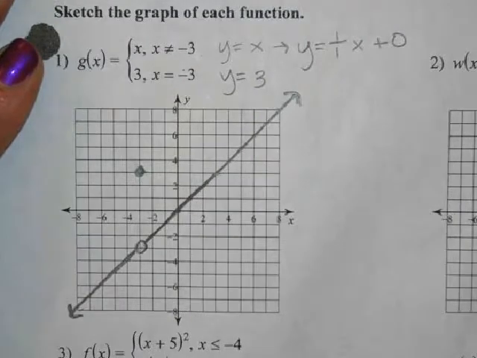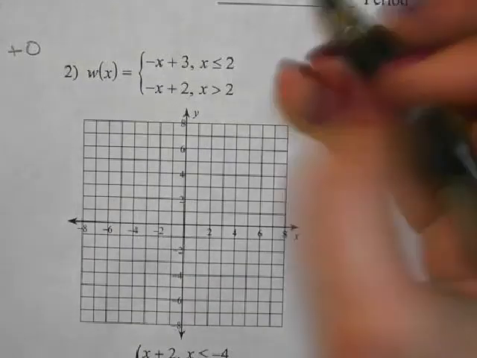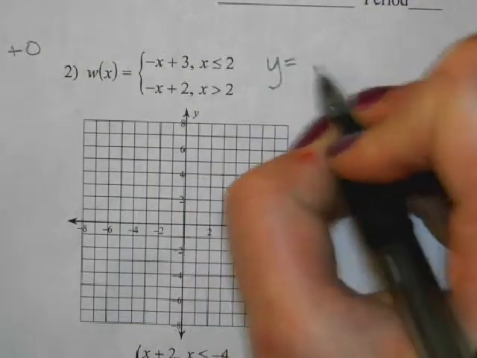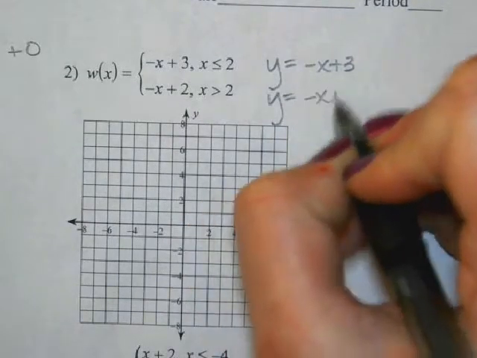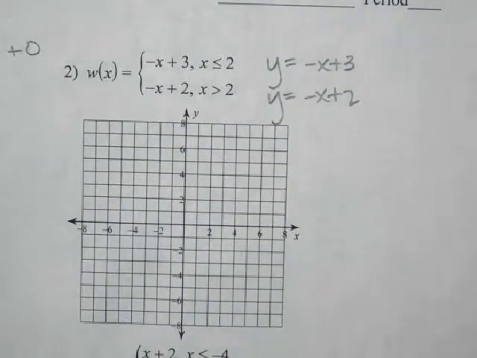All right, I'm going to talk us through it again. So for number 2, we have two functions. We have y equals -x plus 3, and we have y equals -x plus 2.